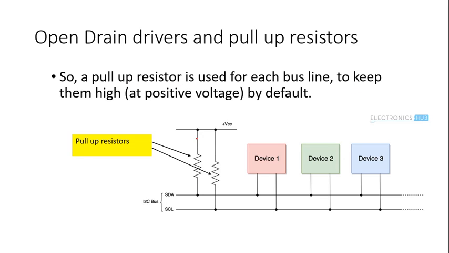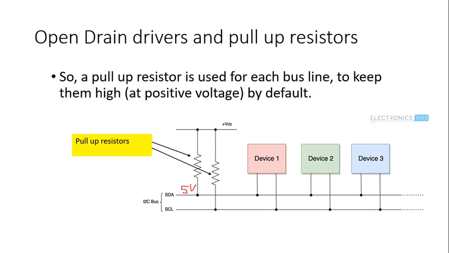Okay, so what will happen when these are the pull-up resistors connected to the lines. So for the SDA line, one pull-up resistor is used, and for SCL, another pull-up resistor is used. What is the purpose of these resistors? The purpose of these resistors is to make these pins high. So by default, this voltage will be 5 volt.